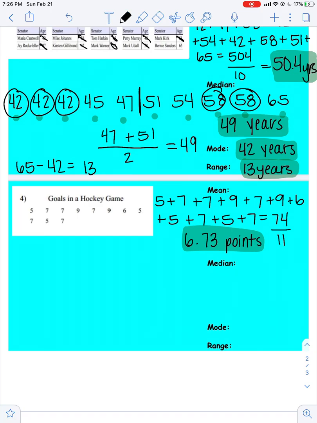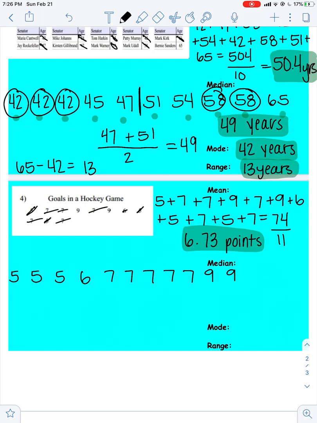So now I'm going to list these from lowest to highest. So we have 5 3 times. And then I have 6, and then I have 7 5 times. And then I have 2 9s.